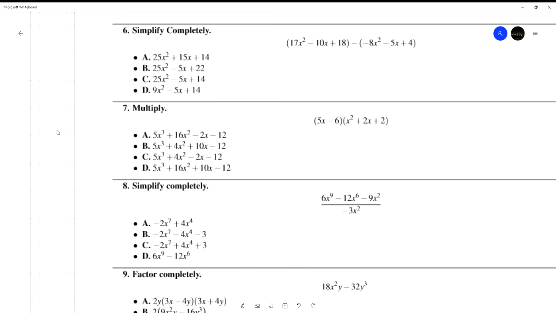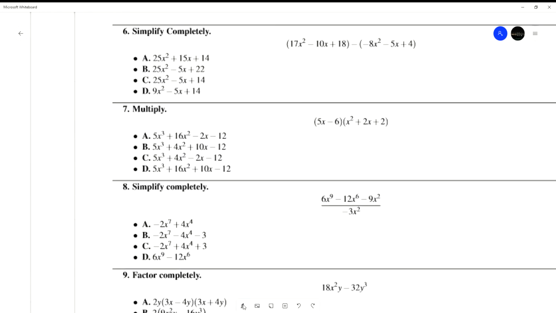All right, these next few. Number 6, you just have to remove the parentheses, right? And distribute, right? And then combine like terms. So the first group here, we have 17x squared minus 10x plus 18. Then you distribute this negative, you get plus 8x squared plus 5x minus 4.